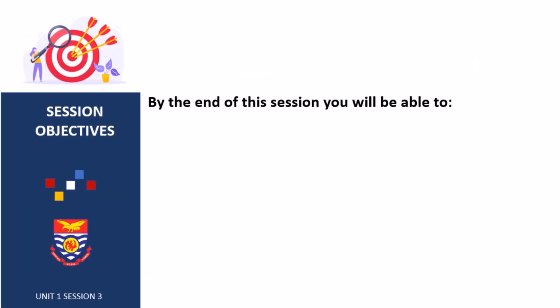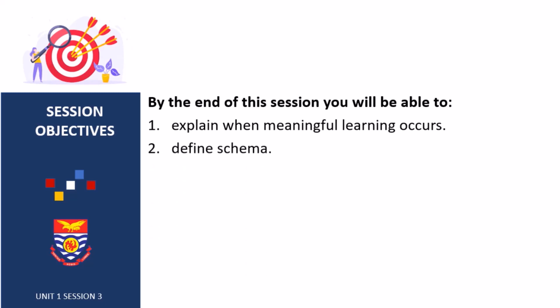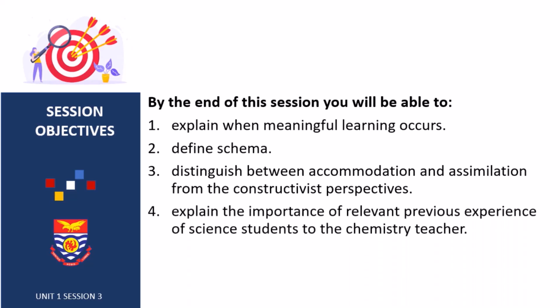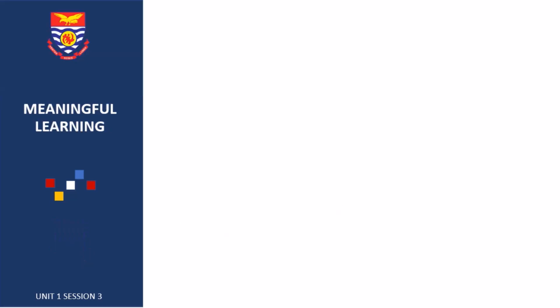By the end of this session, you will be able to explain when meaningful learning occurs, define schema, distinguish between accommodation and assimilation from the constructivist perspectives, and explain the importance of relevant previous experience of science students to the chemistry teacher. Our first objective, meaningful learning.